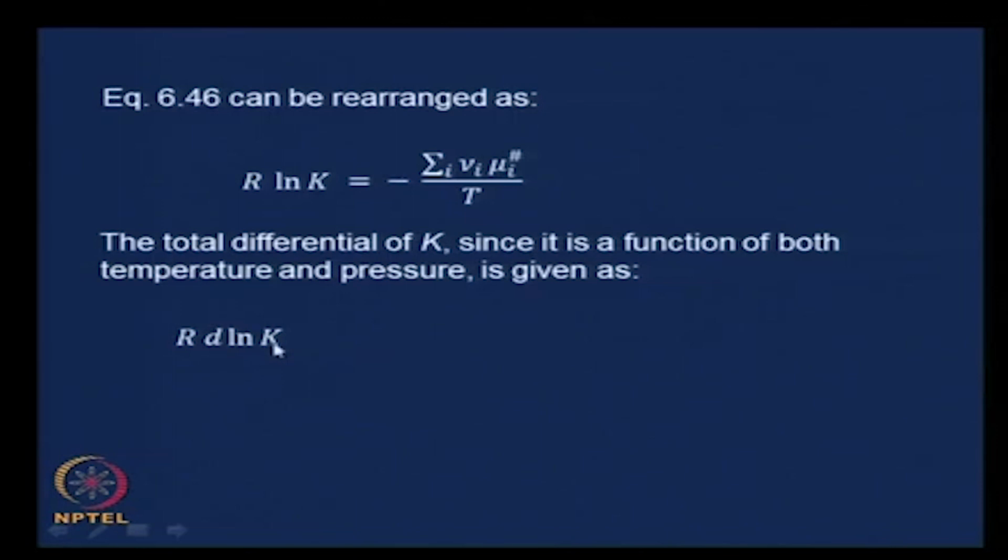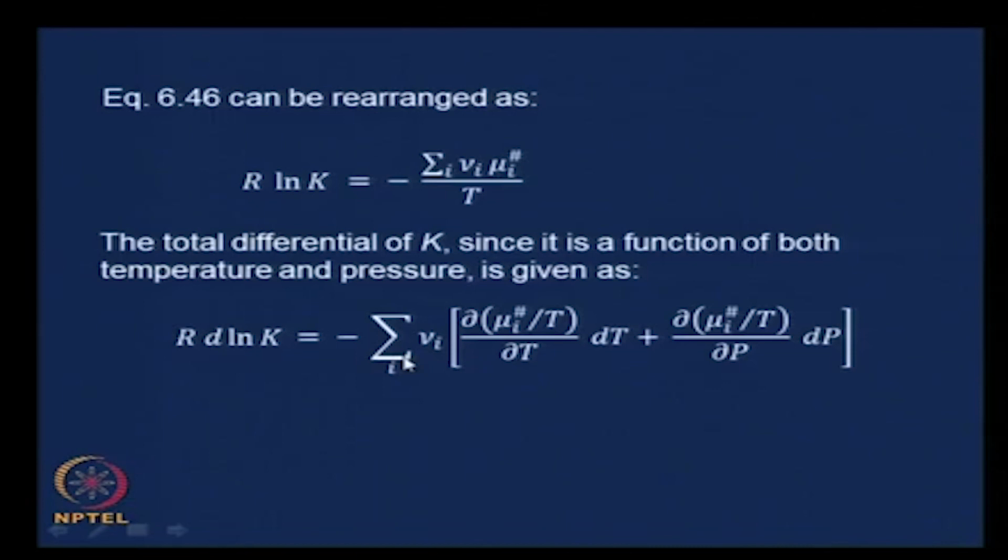I am taking the total differential here, R is just a constant, and R d ln k can be written as a function of temperature and a function of pressure. To do that, see here there is a minus and then a sum, and inside the sum nu i is not a function of temperature and pressure, therefore it is taken as a constant, whereas mu i hash by T is a function of both temperature and pressure.